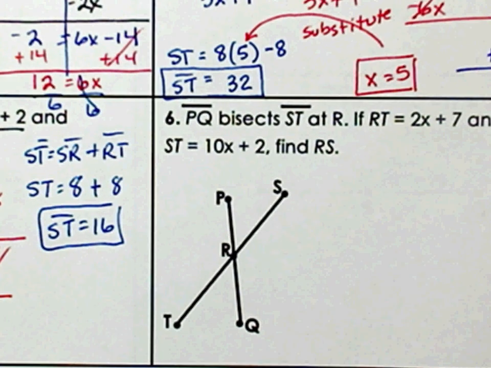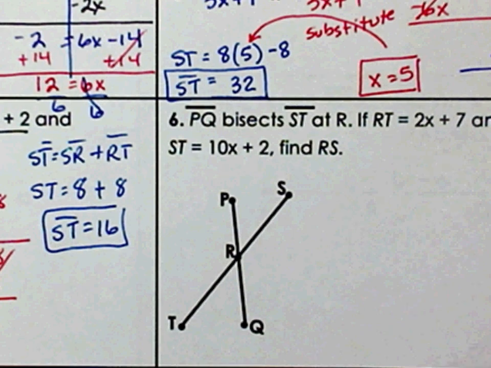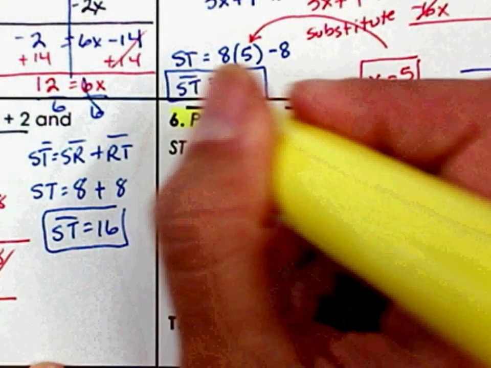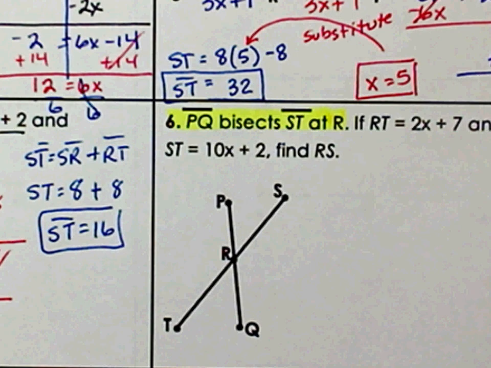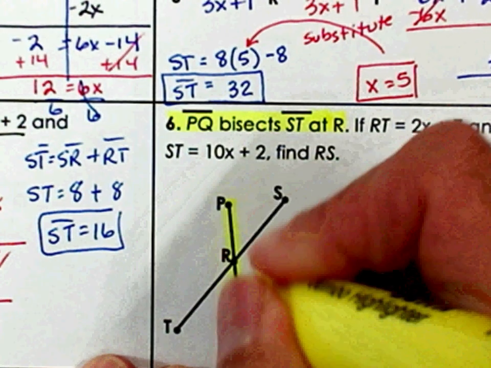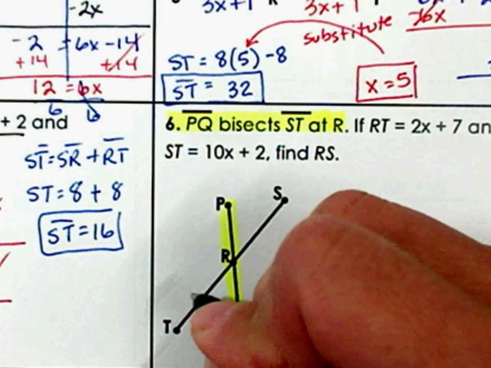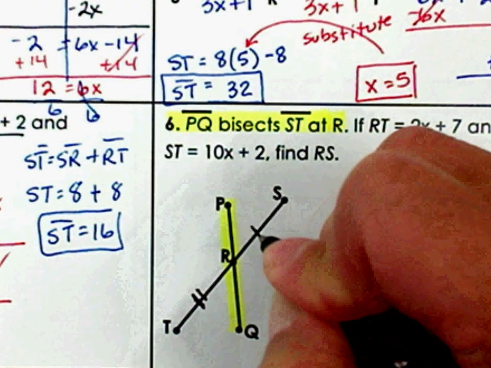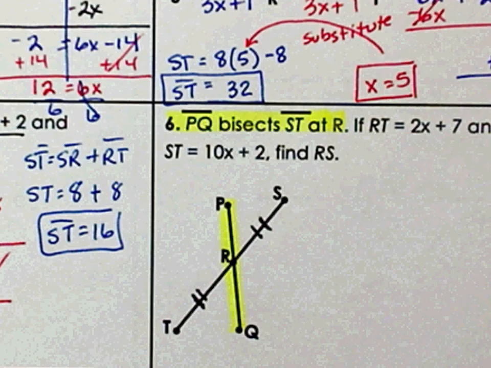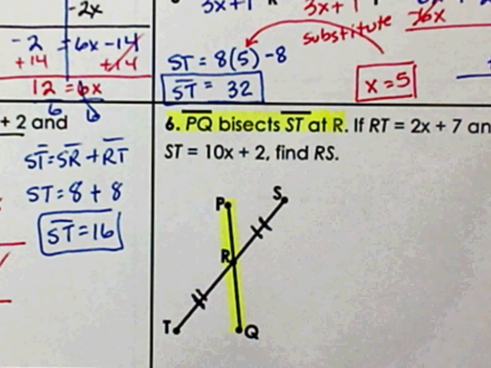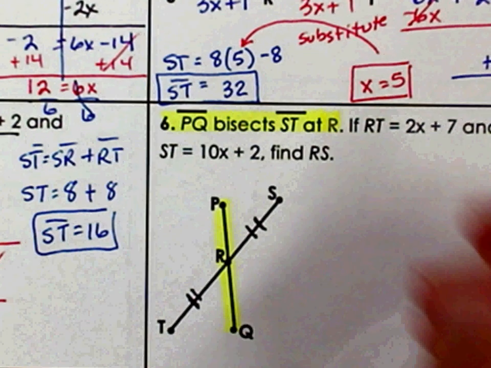Number 6. What does it say? Number 6 says, PQ bisects ST at R. So where's PQ? Here's segment PQ. Bisects ST. So guess what that means? That these guys are congruent. Okay? That's what that means. All right. Now what does it say?